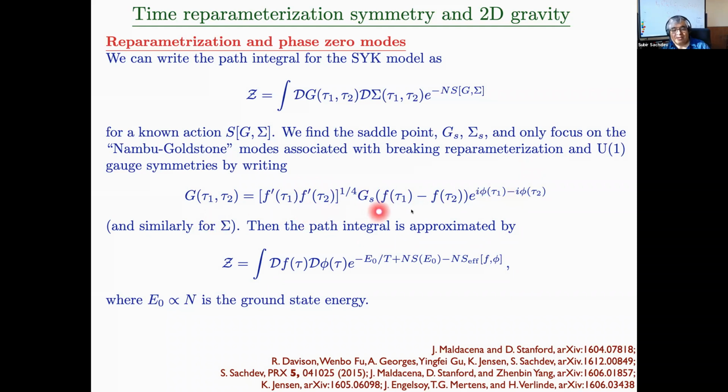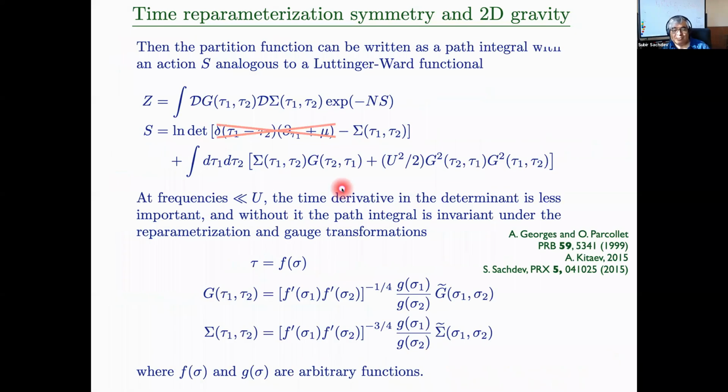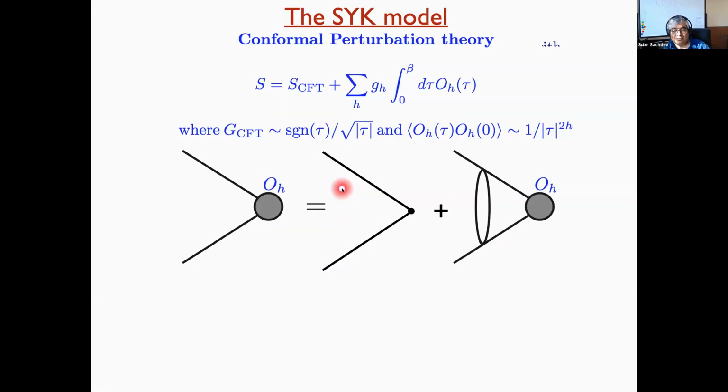And so what you've done is taken the saddle point solutions and made some corrections to it if F of tau is close to unity. And those corrections, the leading correction of this saddle point, is in fact a time reparameterization correction. And to answer an earlier question, that's precisely what gives you this operator O sub H here, if you work it out with H = 2.